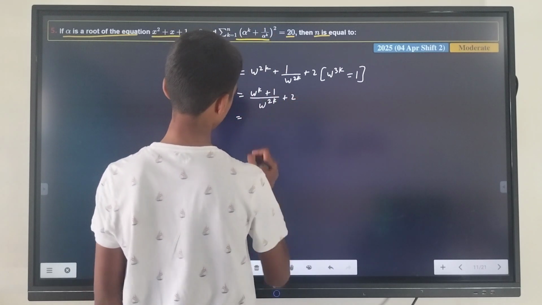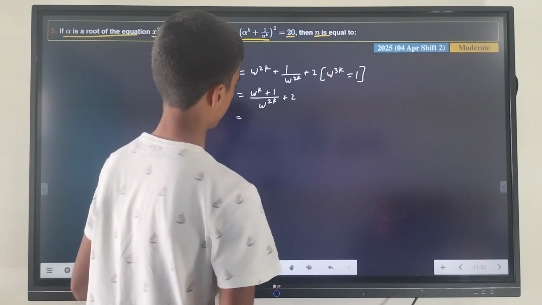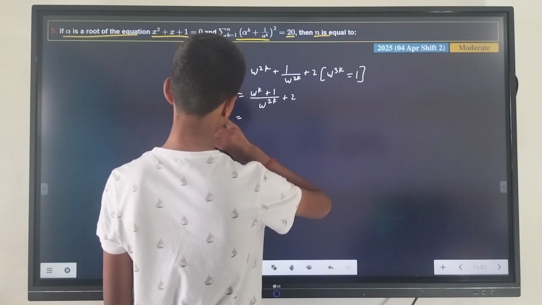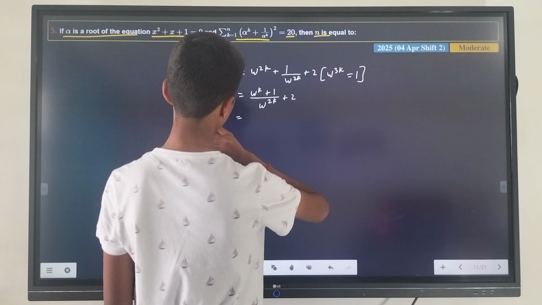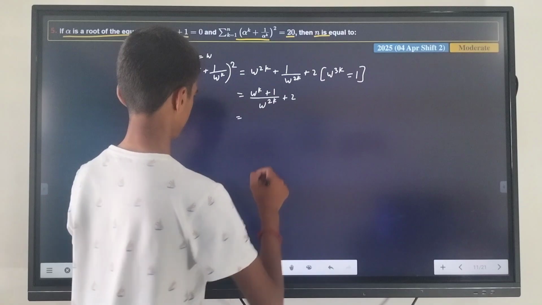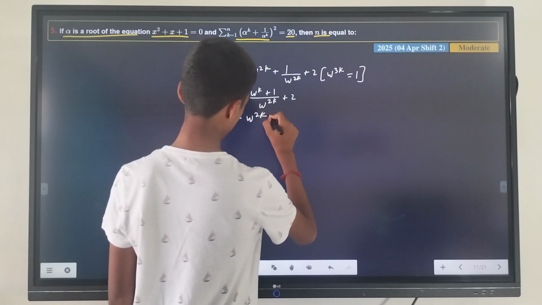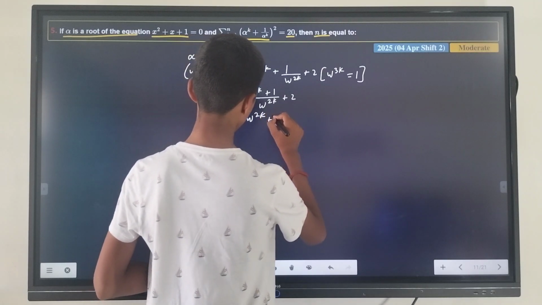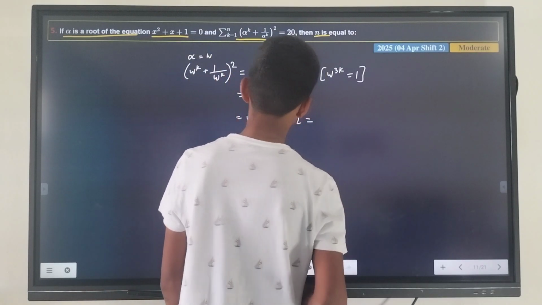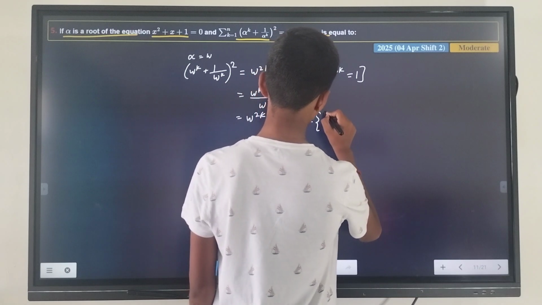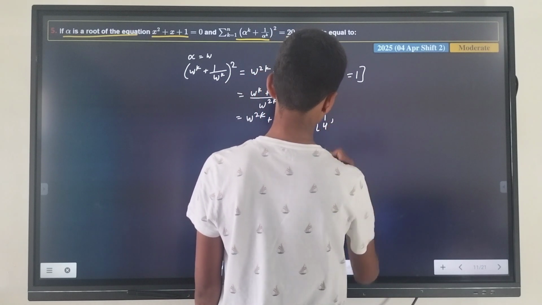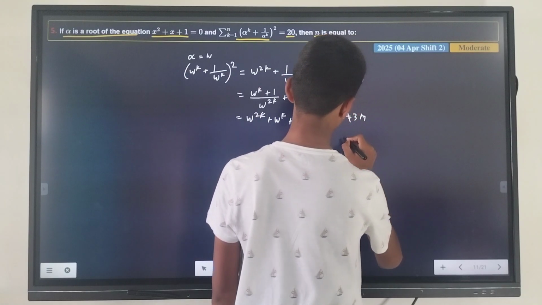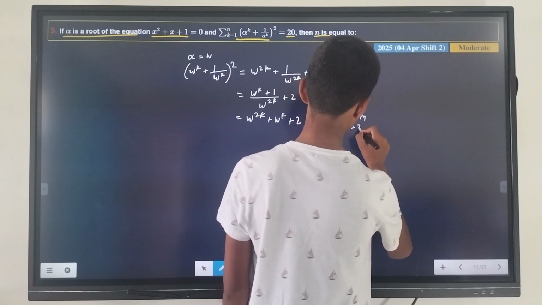This is equal to omega 2k plus omega k plus 2. Now this will be 1 or 4. This will be 1 if k is not a multiple of 3, and 4 if k is a multiple of 3.